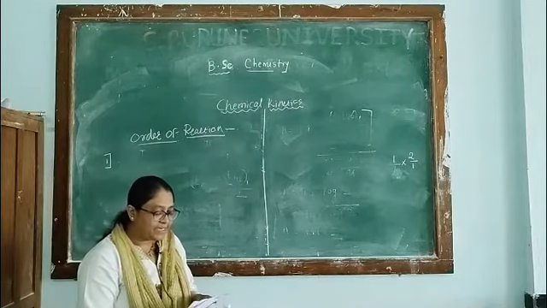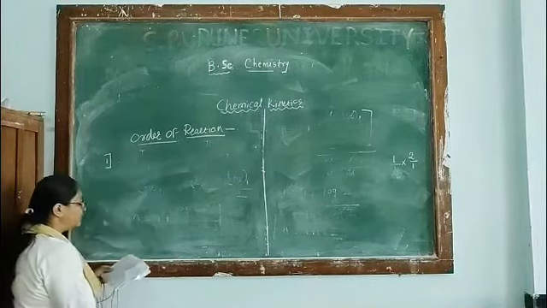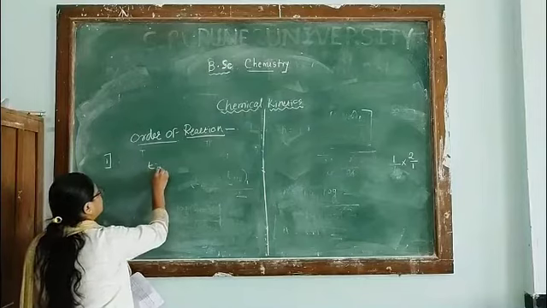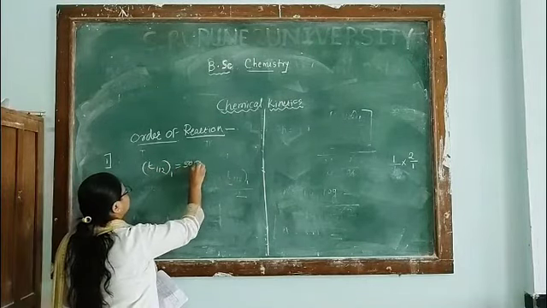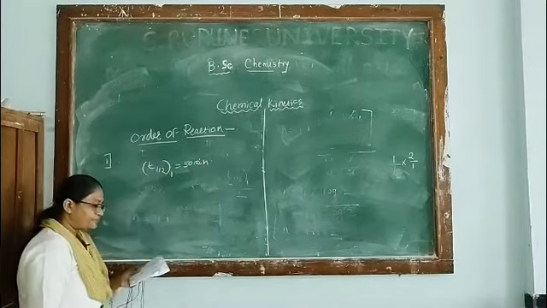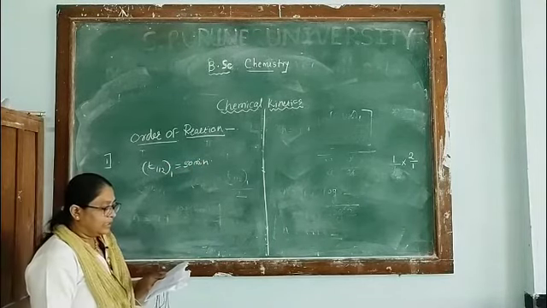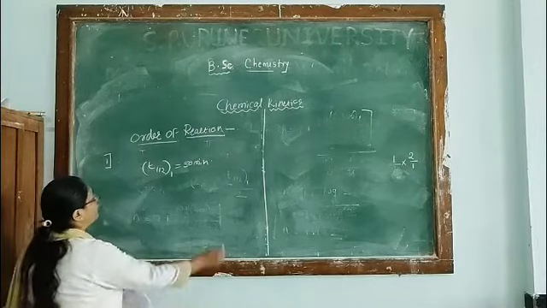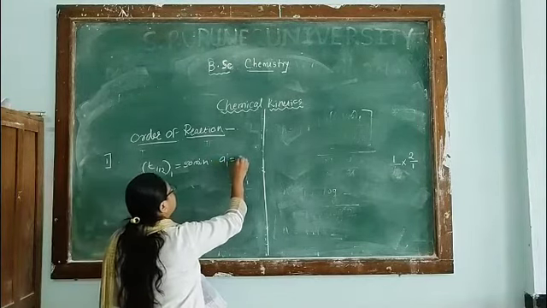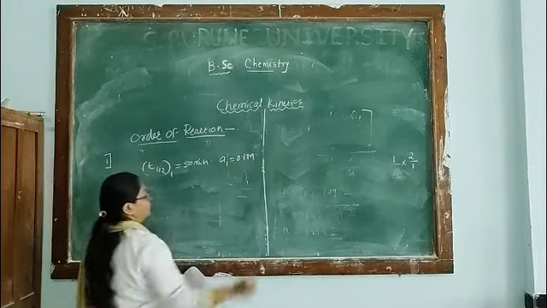The half-life period of the reaction is 50 minutes. So let's consider T half 1 is 50 minutes at 0.1 molar concentration of ammonia. So A1 given is 0.1 molar.